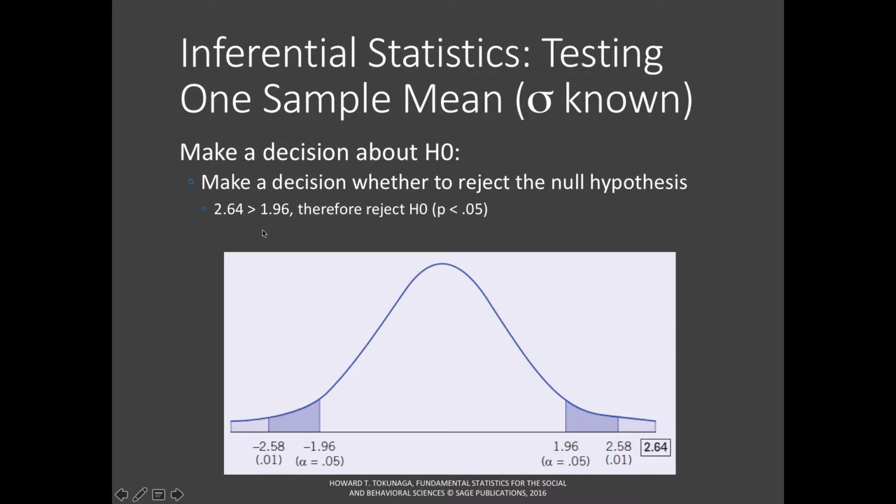Yes. So therefore, we reject the null hypothesis. So basically what this is saying is, because our mean is different in our sample than the population, there is actually a difference. That's all it's saying. I know it's a lot of work just to say that, but that's how it is.